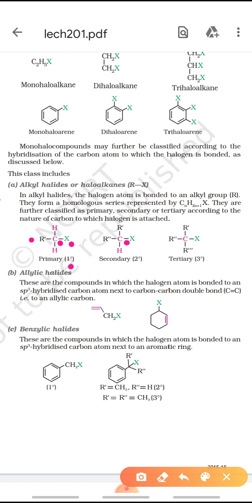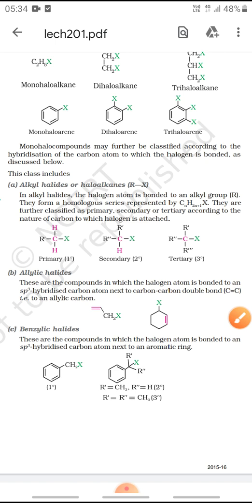If the carbon containing halogen is further attached to two other carbons or alkyl groups, it is called a secondary haloalkane. And tertiary means the carbon containing halogen is further attached to three more carbon atoms.